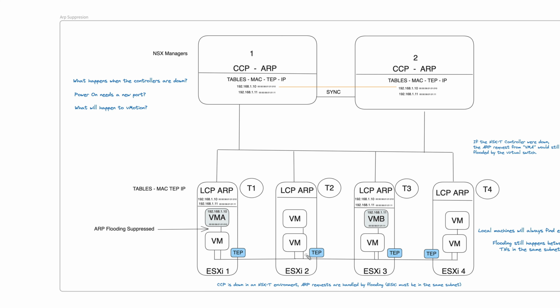But from what I've seen is that if you don't have any control plane at all, VMs are able to find each other. Local machines will always find each other, because if the control plane dies and your local control plane or your tab is not able to get an answer from the control plane, flooding will still be done. But only locally, only to tabs in the same subnet.